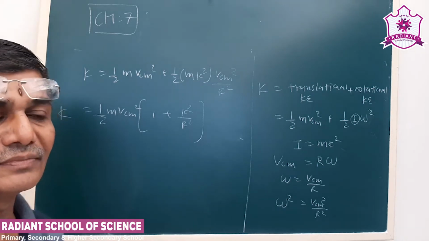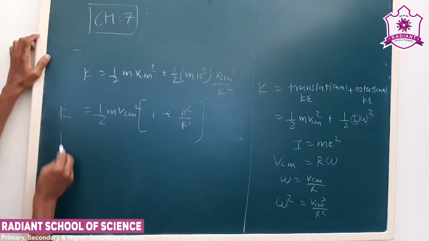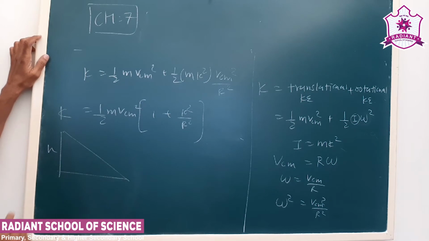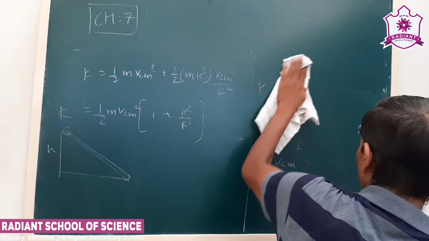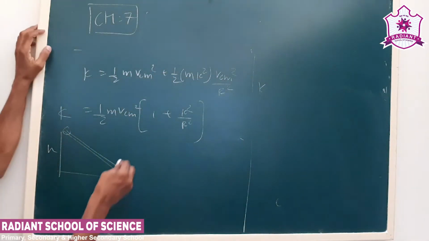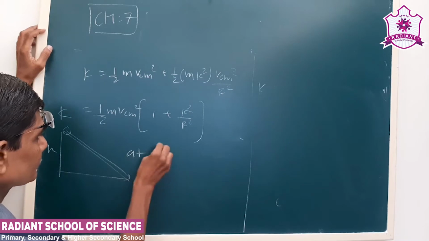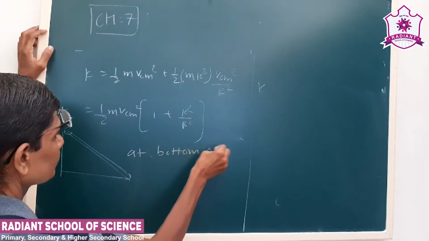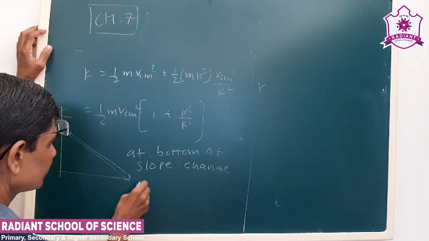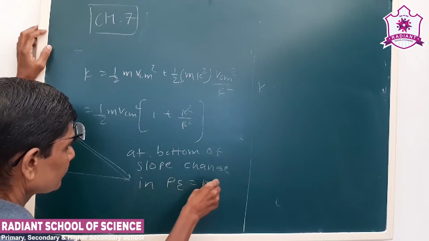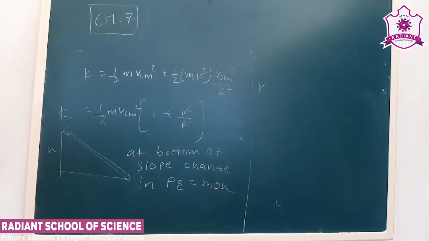Now see what happened. h is the height of the slope. When the body rolls down to the bottom of the slope, there will be a loss of potential energy, and that will be equal to mgh.